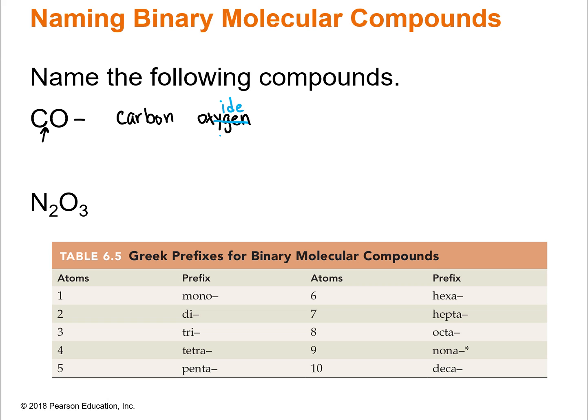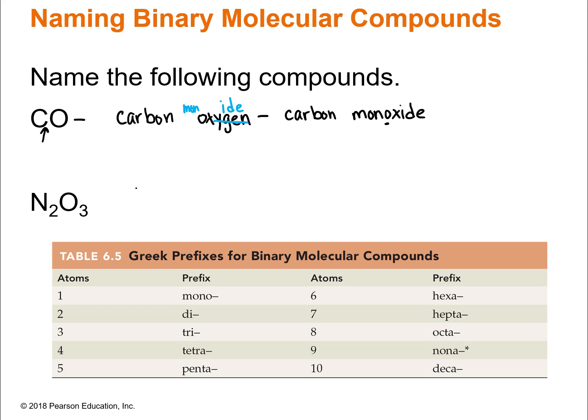We also have to indicate how many oxygen atoms there are in this formula. And there's 1. Now, oxygen is a little funky. You don't write monooxide, you just write monoxide. So when you write it all out together, this is something that you should kind of recognize. Carbon monoxide. Notice that there's only 1 O in that position, not 2.